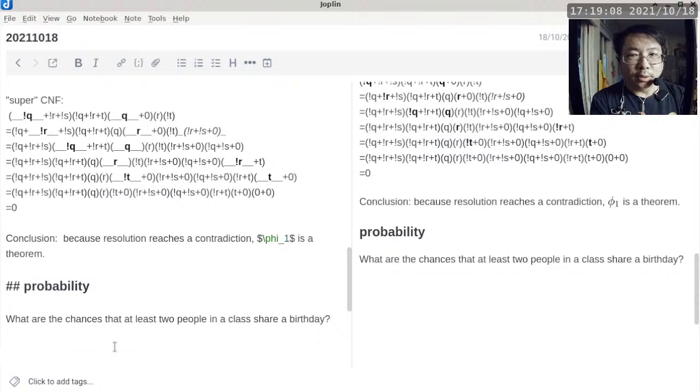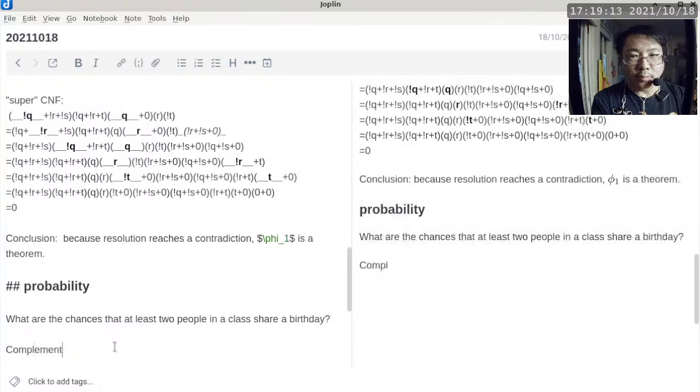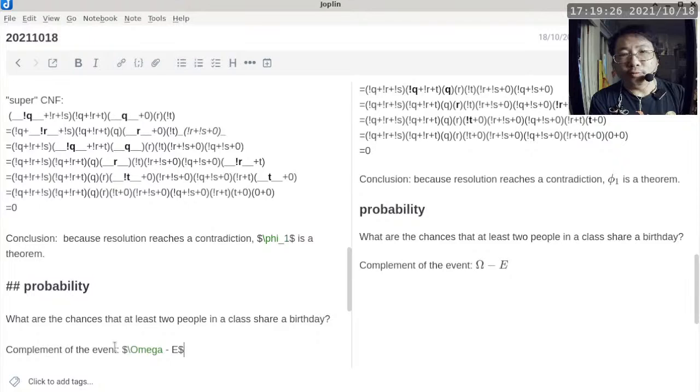To express this mathematically, this would be big omega minus E, the difference between those 2 sets. We're going to work on this one instead of E itself, because E itself is too complicated to account for all the cases, and as it turns out, the complement is super easy to work with.